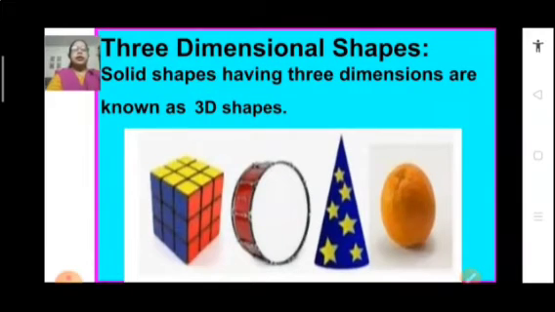Now coming to the next topic, that is 3-dimensional shapes. Children, you must have seen a Rubik's cube or a cone or oranges or spheres, which are 3-dimensional figures. They are solid shapes having 3 dimensions, which are known as 3D shapes.